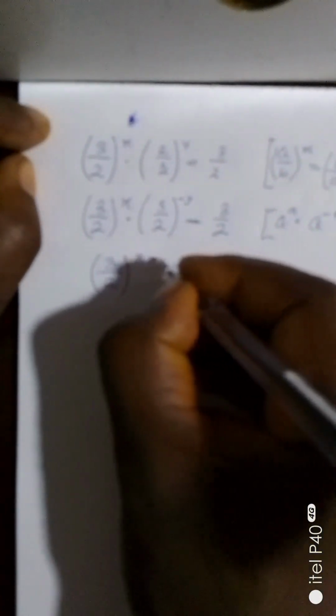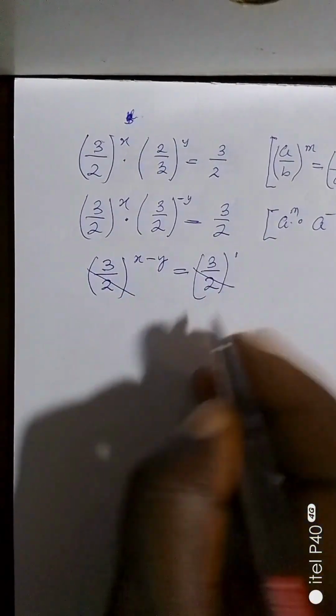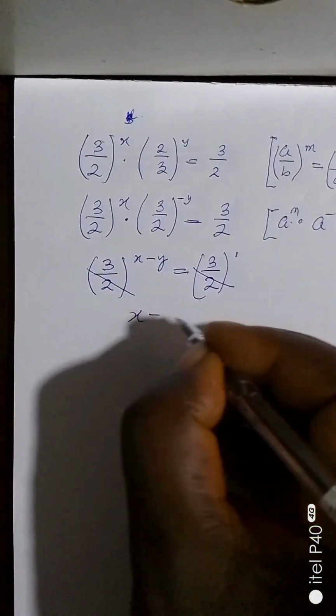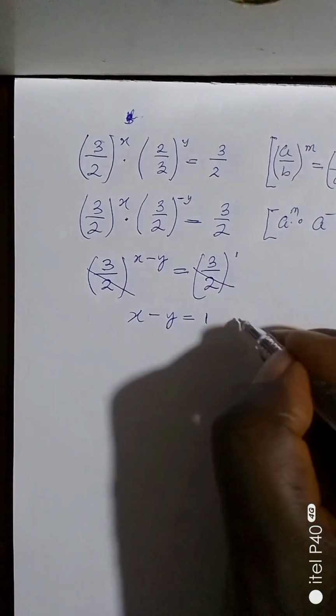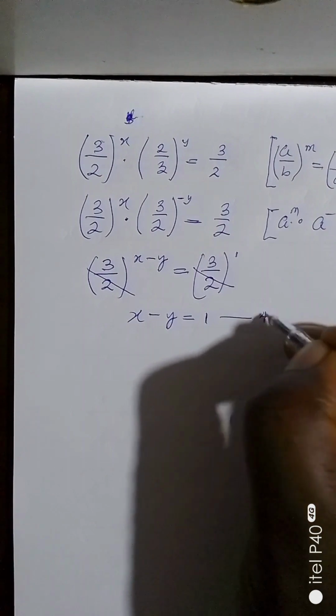So we have 3 over 2 to the power of x minus y equal to 3 over 2. Obviously, this is going to be power 1. Since the bases are equal, we can equate the exponents, that is the powers. So x minus y will be equal to 1. We are going to call this equation 4.